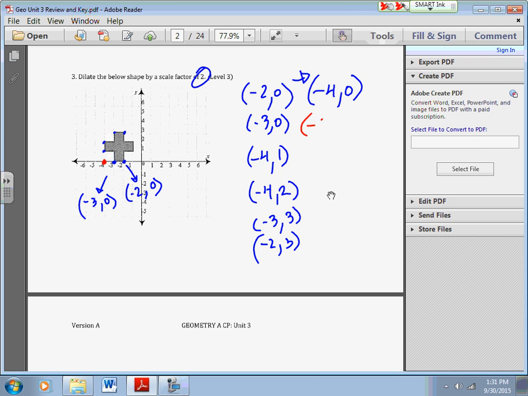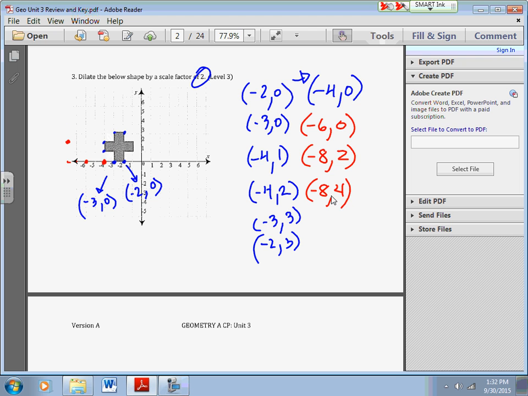Then this one would be -6, 0, that would be right here. And then this one over here would be -8, 2.